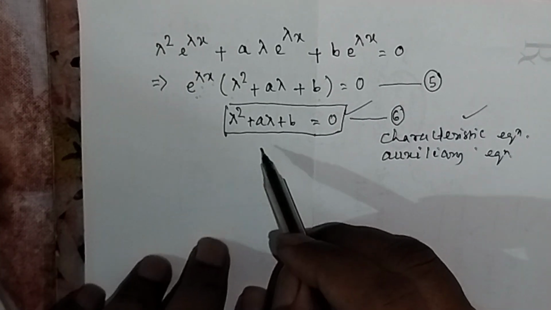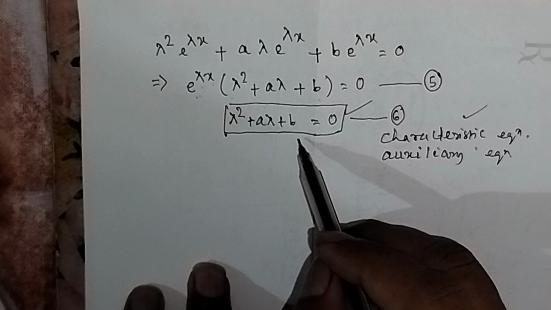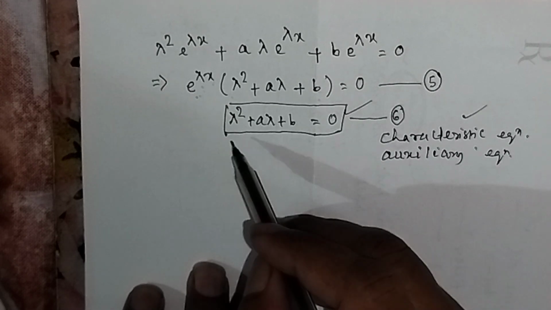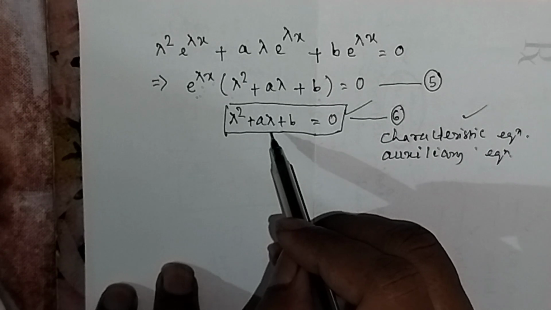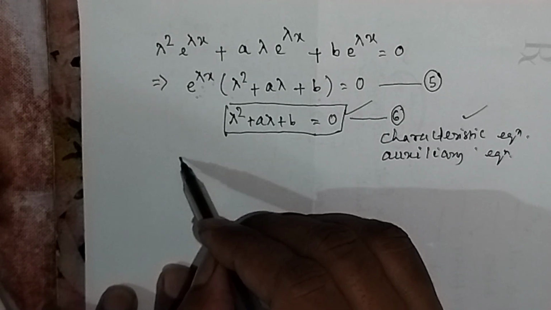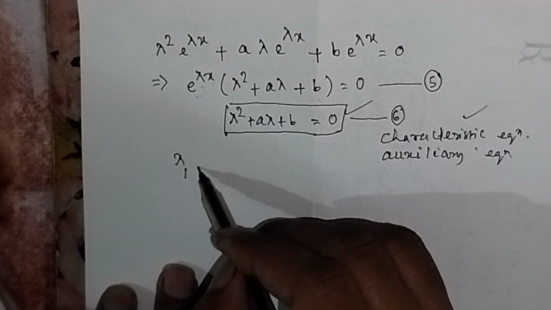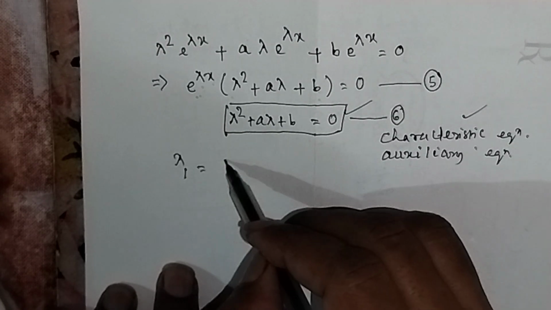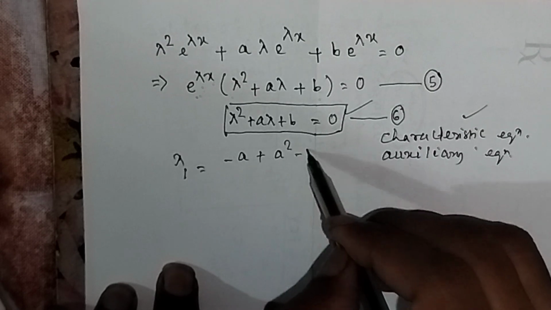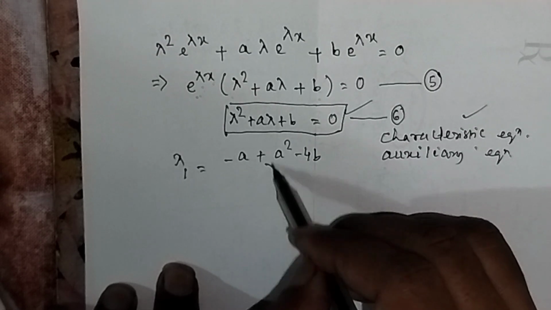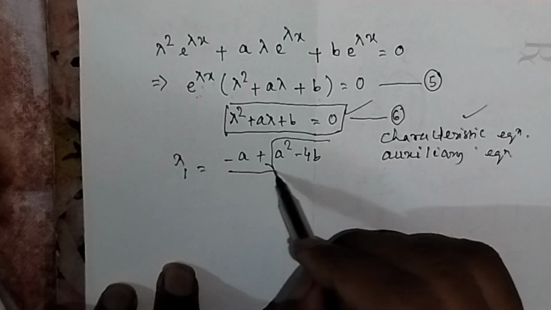How can you find the roots of this quadratic equation? A quadratic equation has two roots. Since here we have taken lambda, one root will be lambda 1, let us say, equal to minus a plus square root of a square minus 4b, divided by 2.